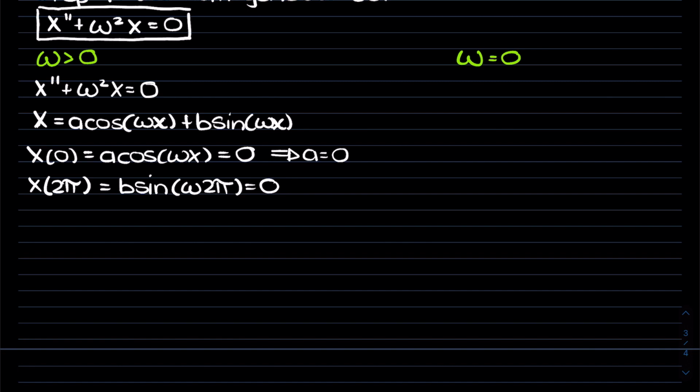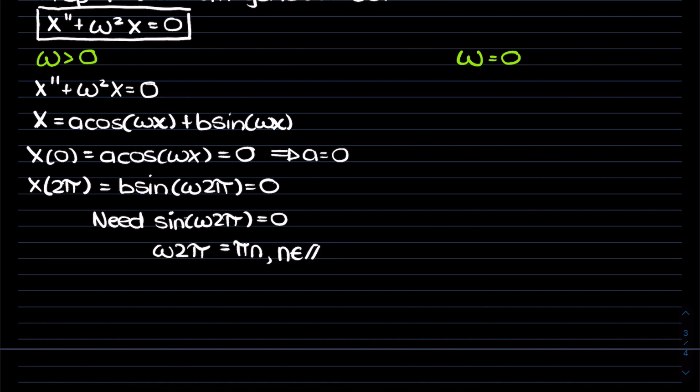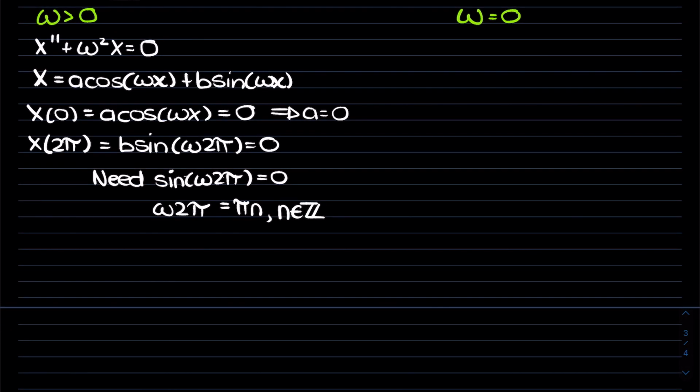We don't want the trivial solution, so we need sine lambda 2 pi to equal 0, which we know when sine equals 0, so we can write that lambda 2 pi is equal to pi n, where n is some integer. So that will ensure that we get a sine of 0 equals 0. Now if we just solve for lambda, we're going to get pi n over 2 pi, cancel the pi.